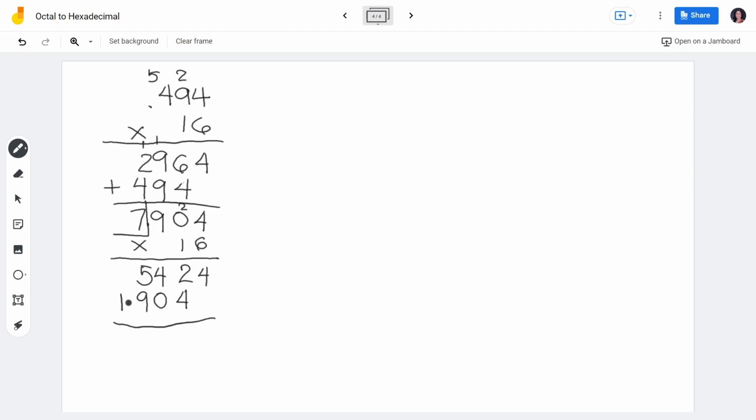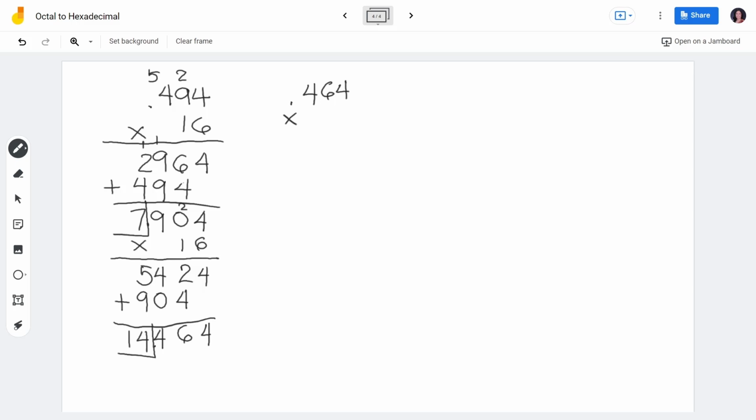So again, let's add. So I have 4, 6. 2 plus 4 is 6. Bring down 4. 5 plus 9 is 14. So separate 14. Do not include it when you multiply by 16 because you will get a mistake.